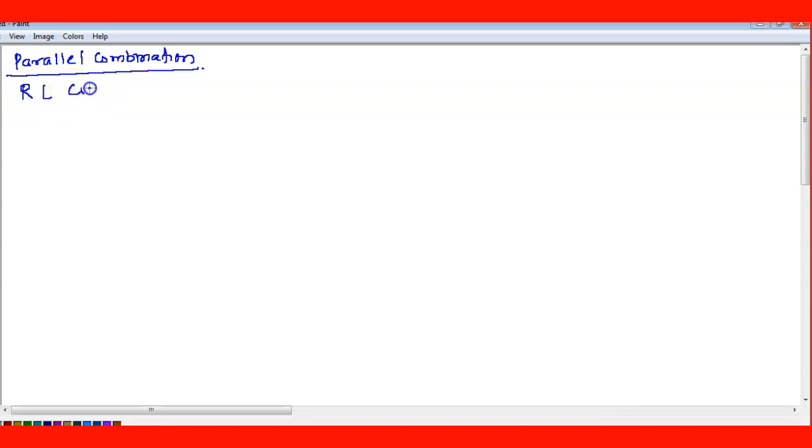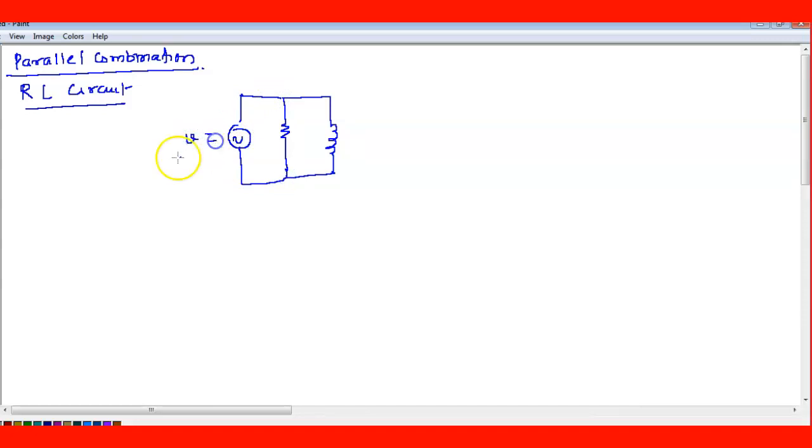RL circuit means one resistance and one L coil, both connected in parallel, and this is the power supply, V is equal to Vm sin of omega t. This is resistance, and this one you consider as L, given in Henry, right?